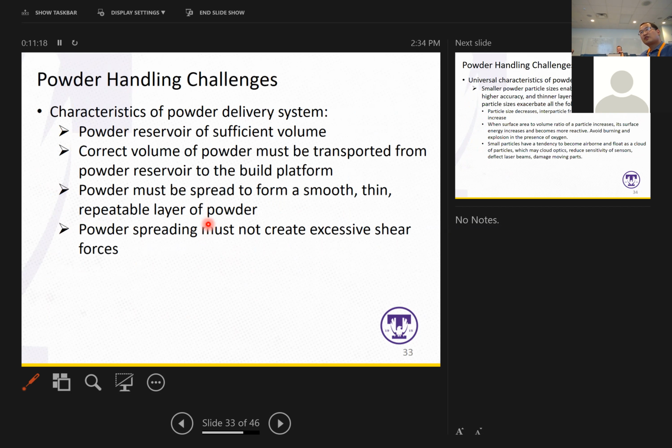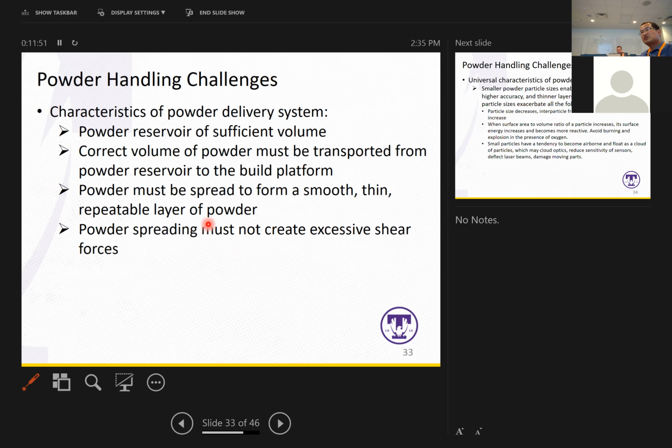And so for this kind of process, the common challenges will be the powder handling challenges, because you have all the printing material in the powder form, right? So the characteristic of the powder delivery system should be something like the powder reservoir of sufficient volumes, and the correct volumes of the powder must be transported from the powder reservoir to the build platform.